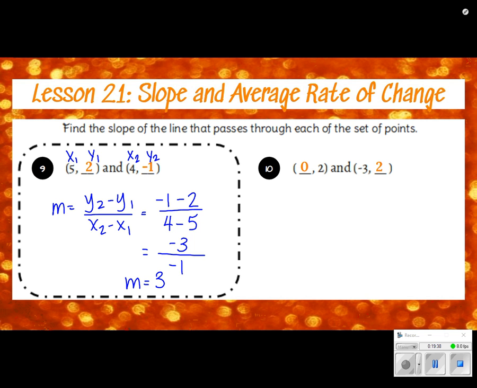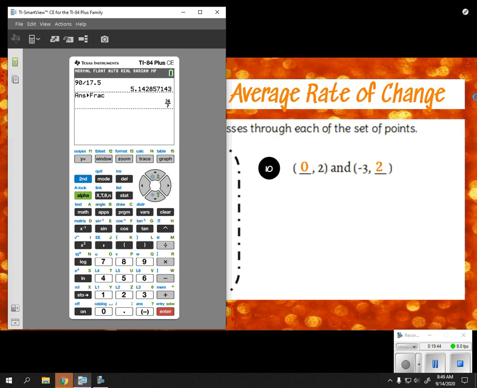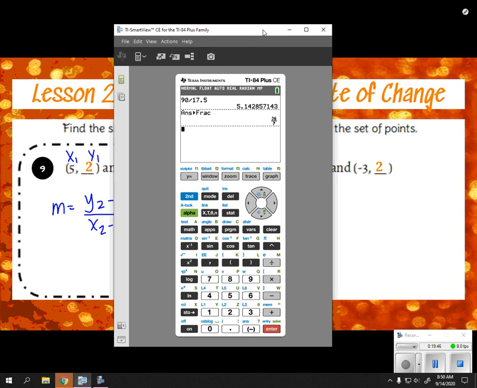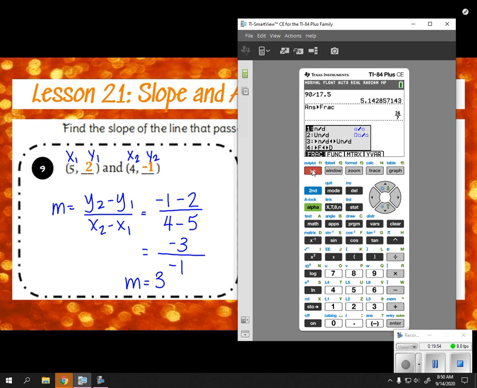Now let's go back to the calculator. I want to show you something that you might find handy, you might want to use. Here we go. We're going to put this in as a fraction. So how do you get a fraction bar? You're going to hit the green button and go to y equals. You see this n/d, that's numerator, and then division bar, denominator, that's your fraction bar.